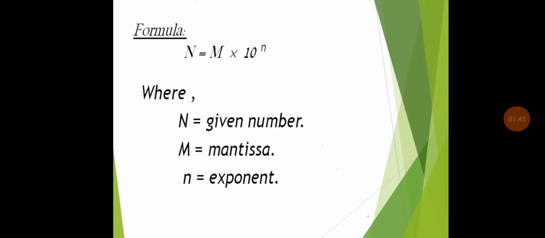Here, N is the given number, capital M is the mantissa, and 10 power small n, this n shows the exponent or the power.